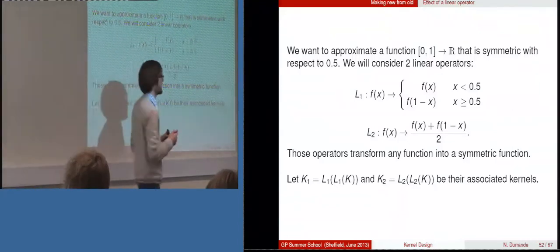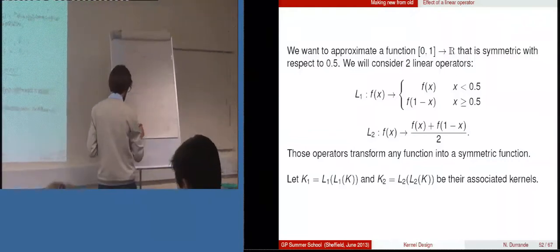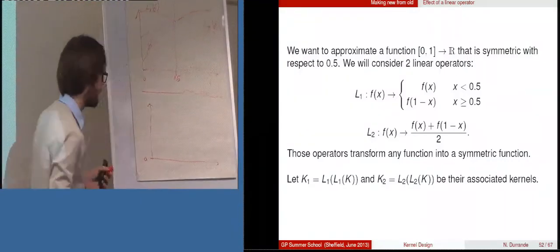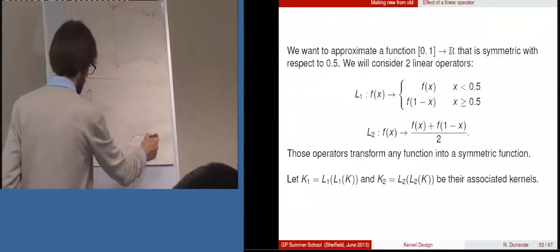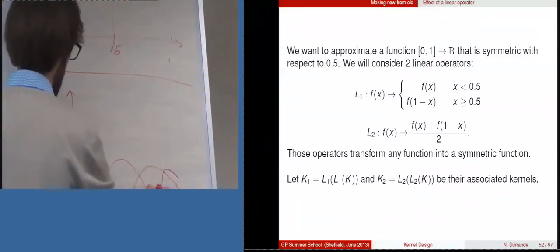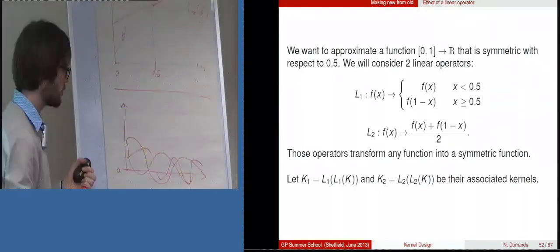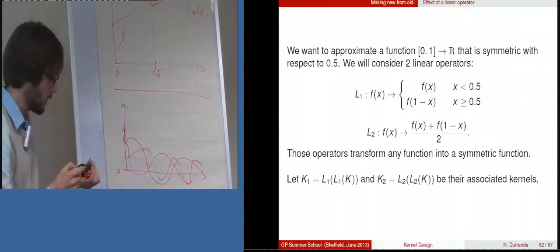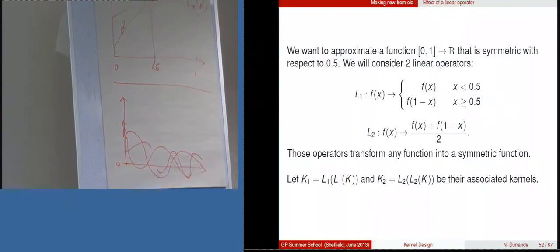So Neil's question was, okay, I know that my function is positive, and if I draw a sample from a usual Gaussian, I will end up with some negative values. Is there a way to constrain the GP to be greater than or equal to 0? One option would be to look for an operator to be able to take a function and project it onto the subspace we are looking at.